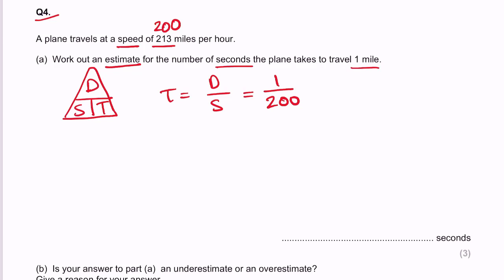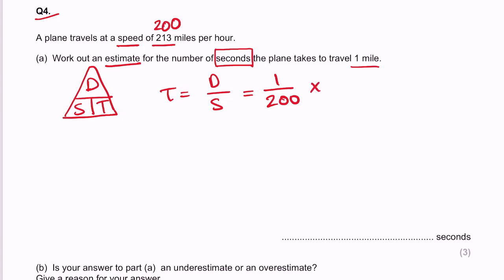Now because the question is asking for number of seconds, how many seconds will it take to travel 1 mile, we need to change the hour into minutes, so times it by 60, and then into seconds, so times it by 60 again, and that will give us the time in seconds to travel 1 mile. Let's go ahead and do the calculation.